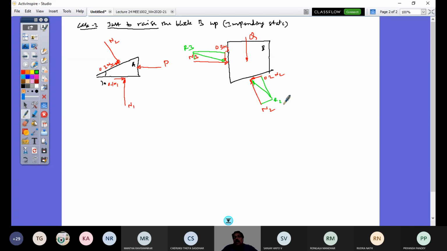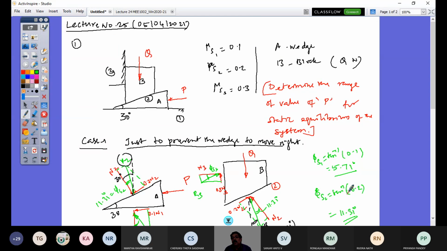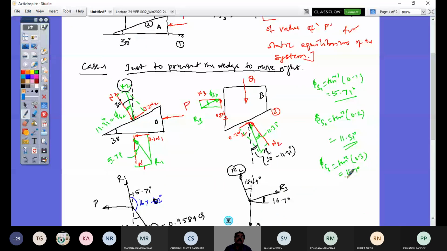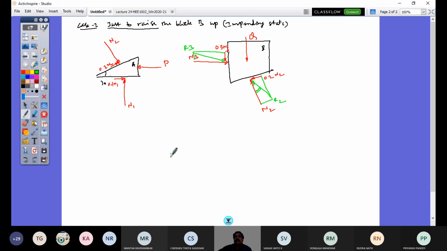And I know here this angle of R2 inclined, how much is it? What was the angle? We did it in the previous. So we had 5.71, 11.31, and the third angle, the surface friction angle, is 16.7. So R2 is 11.31 degrees.